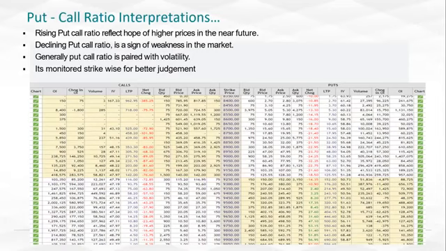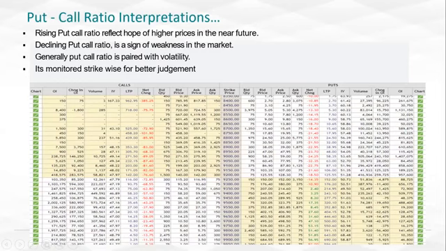As long as PCR is above 1.5 on an individual strike, it is a support. Below 1.5, it starts getting into the resistance zone. So if we have to infer what the put call ratio means, there are a few pointers we have to discuss.